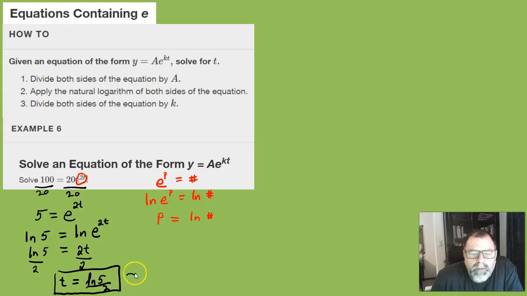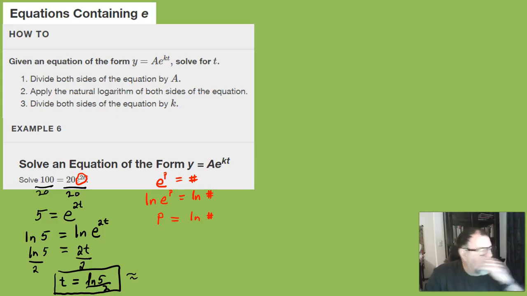Now, if I want to approximate it, just type that into Desmos or your scientific calculator. You can tell I like Desmos a lot. ln of 5 and then divided by 2.